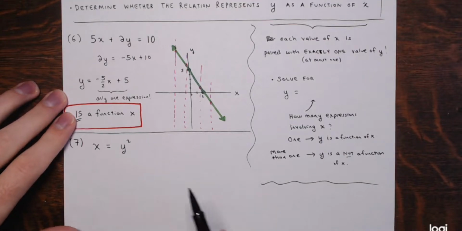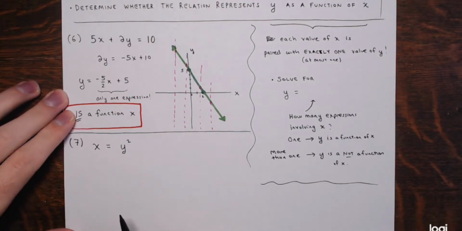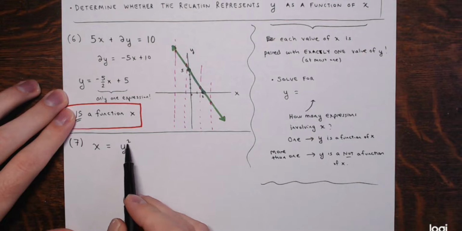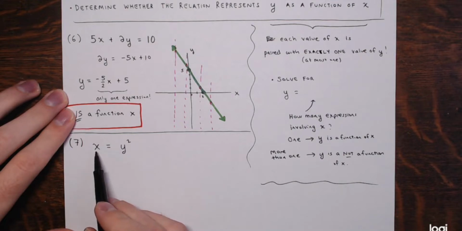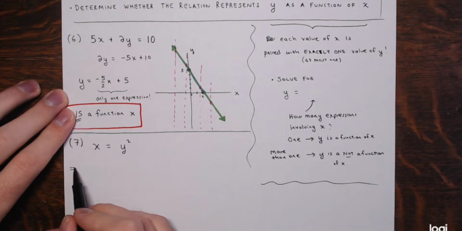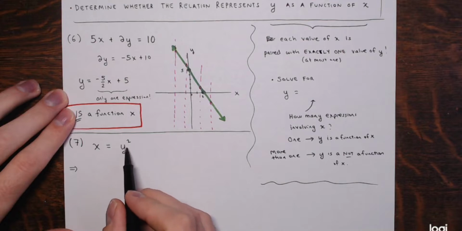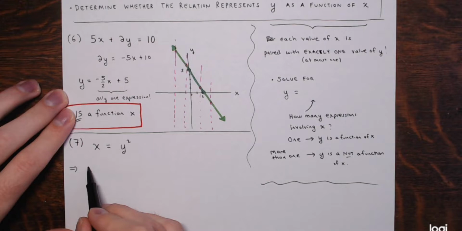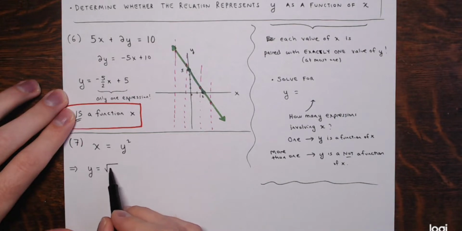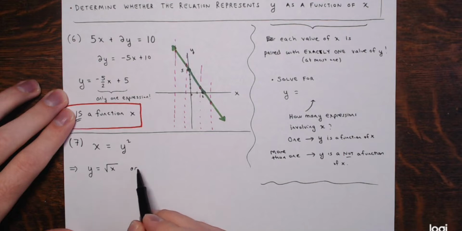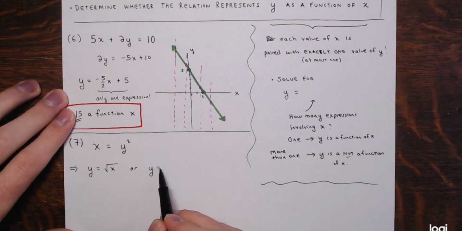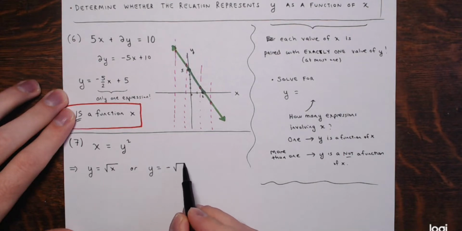Now, you may recall the square root property. When I have a quantity squared equal to another quantity, then, I'm trying to solve for y here. If y squared is equal to x, then y is either the principal square root of x, or y equals negative square root of x.